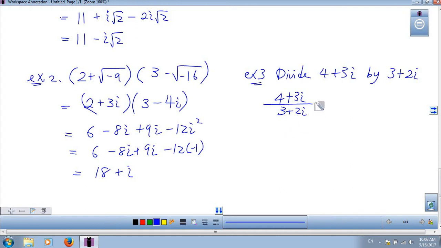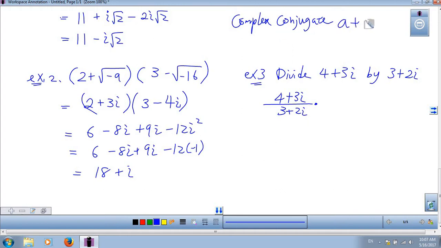Now, in order to divide this, we have to consider something called the complex conjugate. Let me write it here. You probably remember the complex conjugate, or any kind of conjugate. For example, for a plus b, the conjugate would be a minus b, and this conjugate is very, very useful.